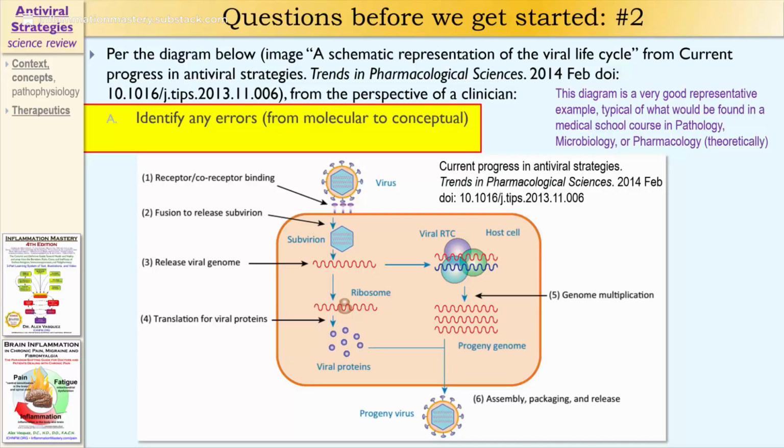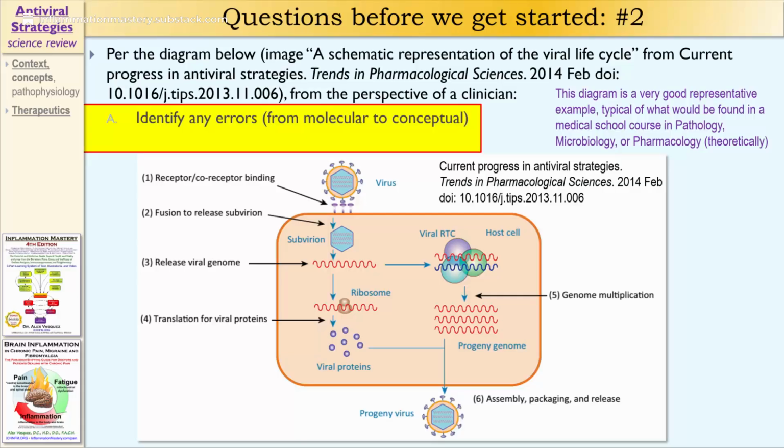So I'm not criticizing this journal, I'm not criticizing the author, and I'm not even really criticizing the image. I'm just using this image as a representative example of what a typical medical student or medical doctor or medical resident would study in any given pathology or microbiology textbook. This is a very typical example. Now, of course, this is specific to this particular article, but in any pathology or microbiology book, you would find a diagram that looks more or less like this.